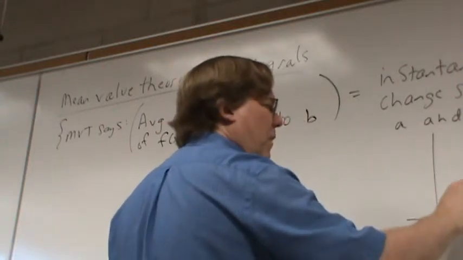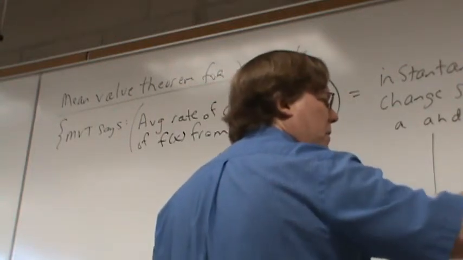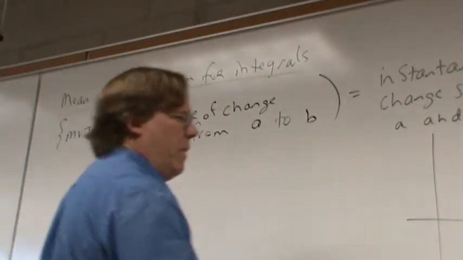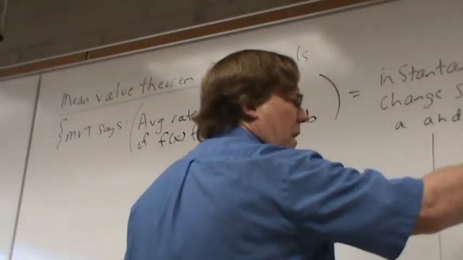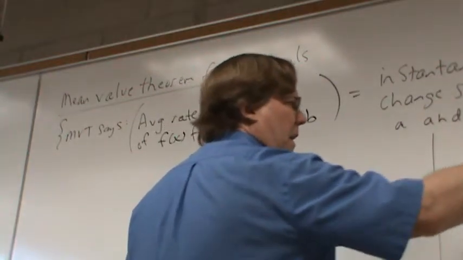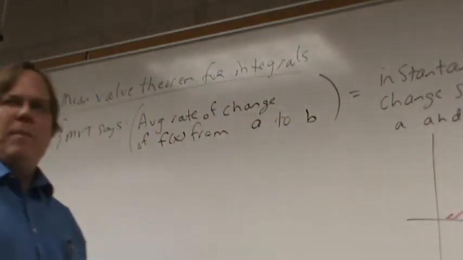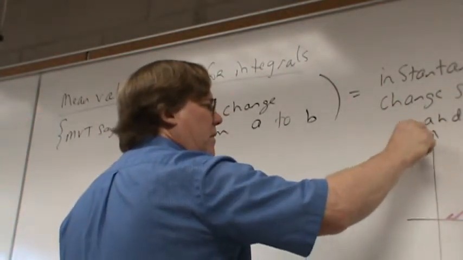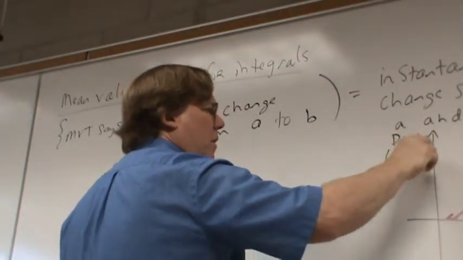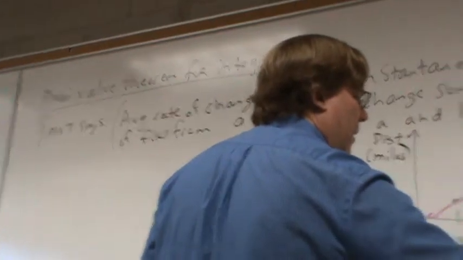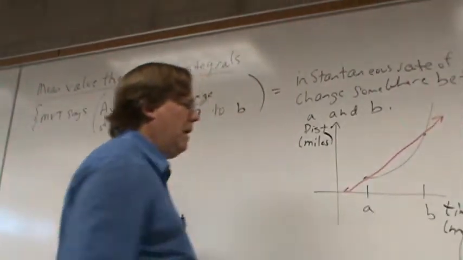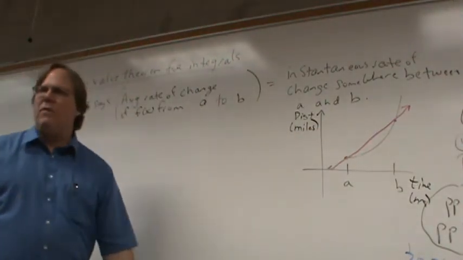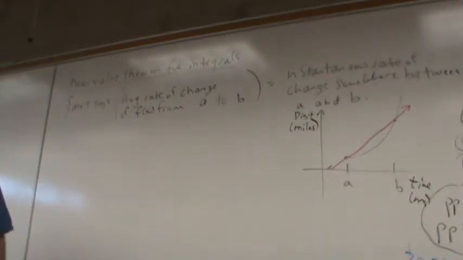If I've got some function, let's say, that goes like this, where here's A and here's B, where the slope of this line is the average rate of change from A to B. That is, if this is a trip to Las Vegas, and this is distance in miles over time in hours, then the distance you travel divided by the number of hours it takes to travel it is your average speed as you drive to Vegas.